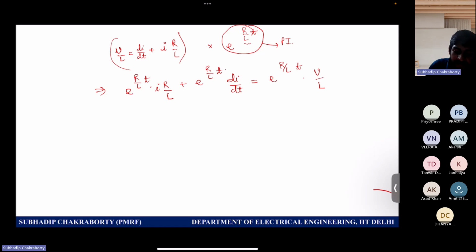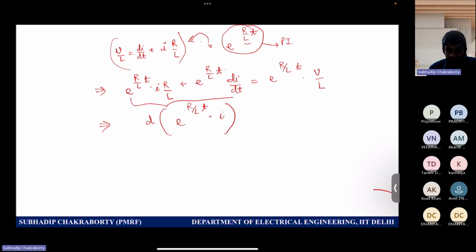Just multiply with the particular integral on both sides of this equation. Then you can see it is nothing but the differentiation of e to the power r by L into t into i, this complete term, because by chain rule, this is one part, this is one part.